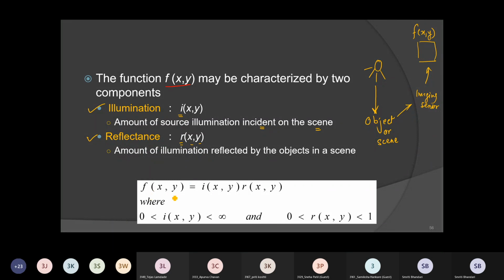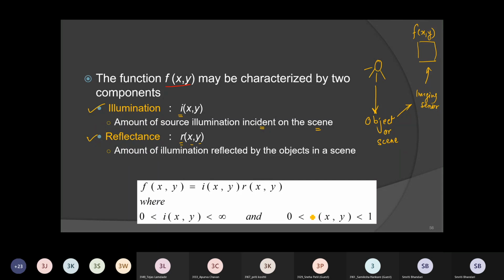And how is my image forming now? f(x, y) is given as a product of these two components, i(x, y) and r(x, y). i is illumination, r is reflectance. Now, obviously, please note that my illumination always lies between 0 and infinity, and my reflectance always lies between 0 and 1.